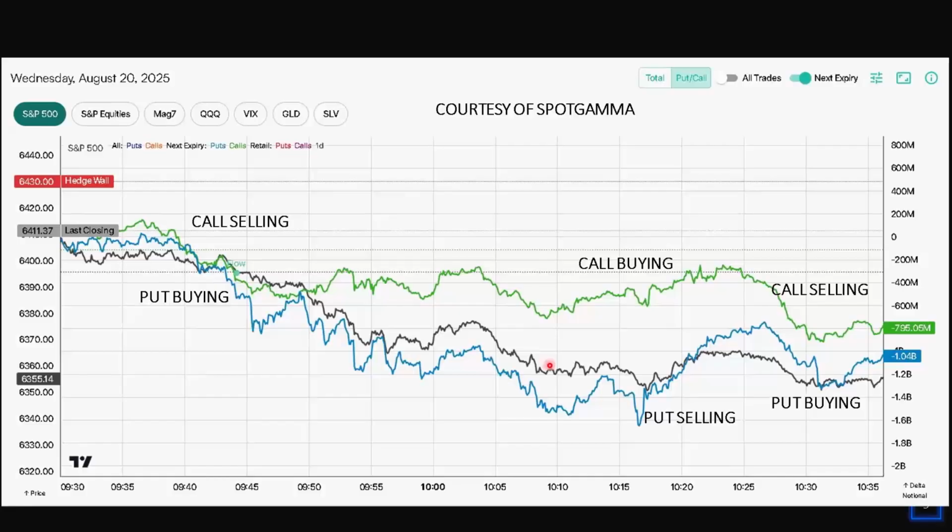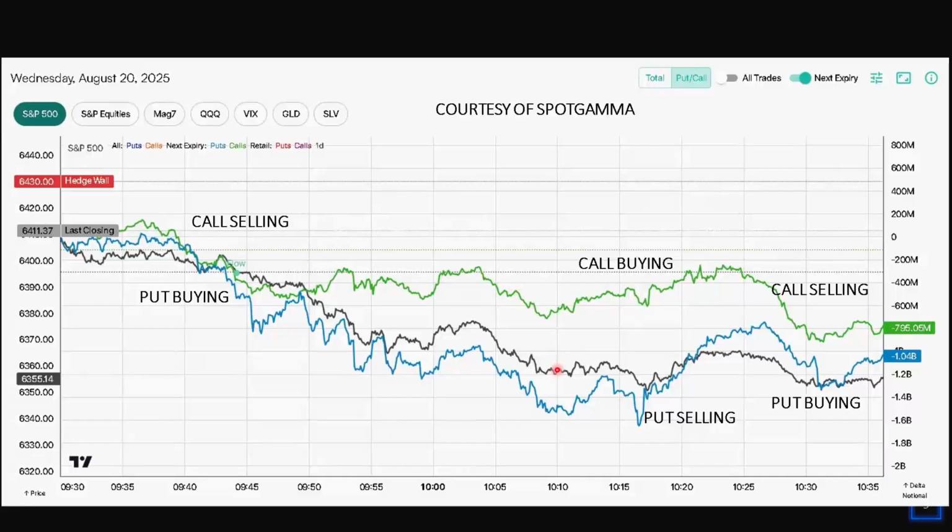And when they're both together, we can see what's going to happen. Now, I'm a paid subscriber to SpotGamma and I pay for this product, but the charts I just showed you also show the same exact thing in the form of the VIX and the other three charts.